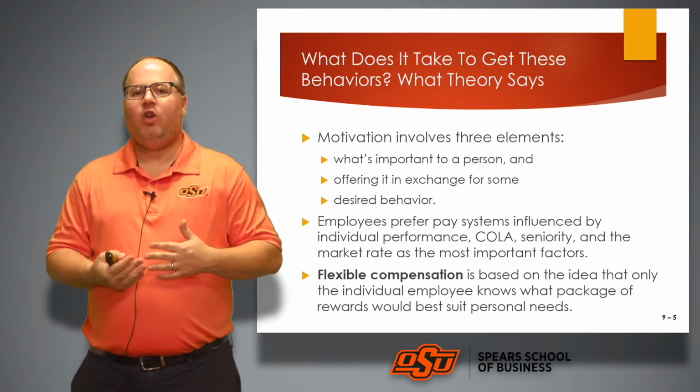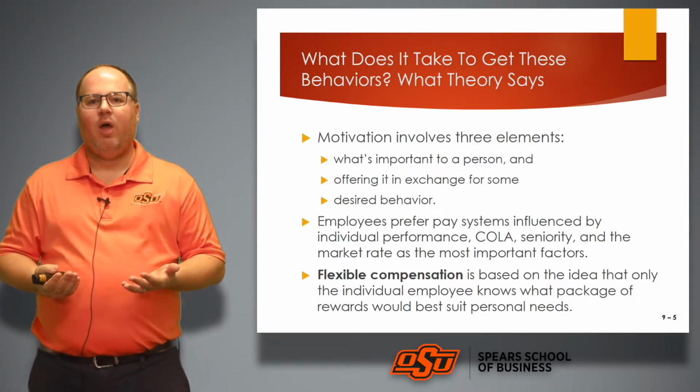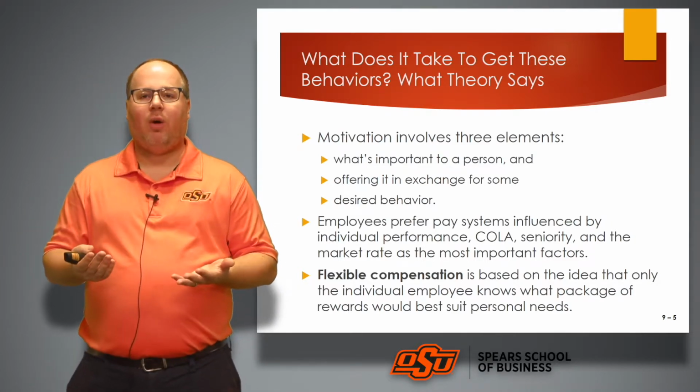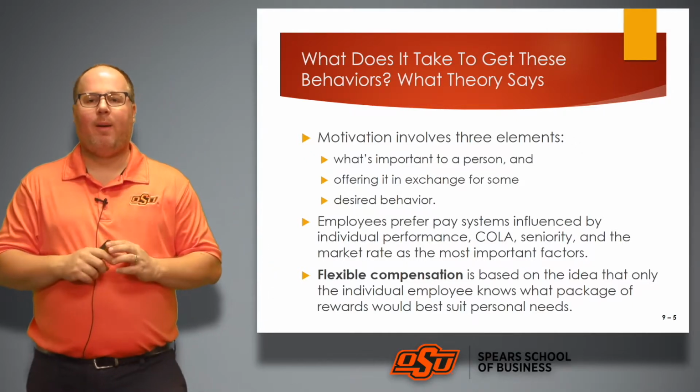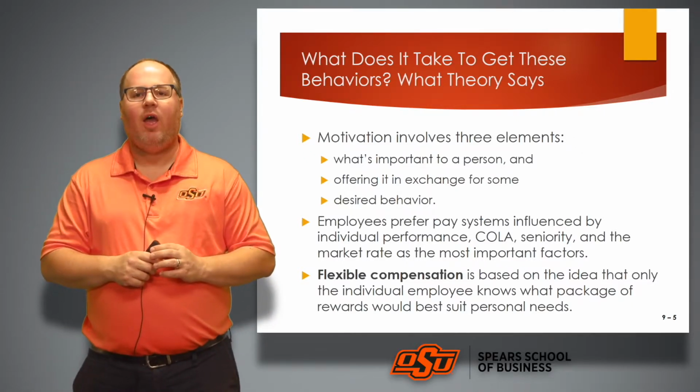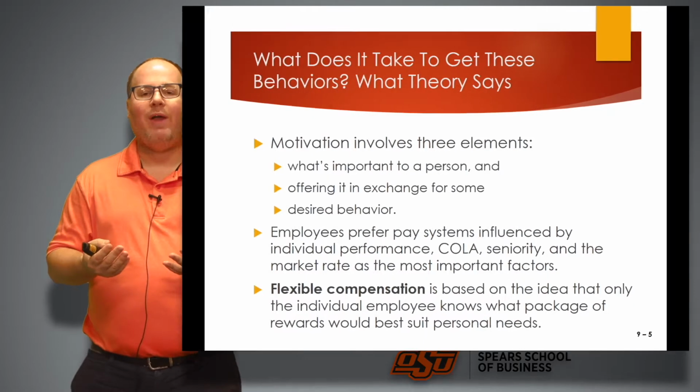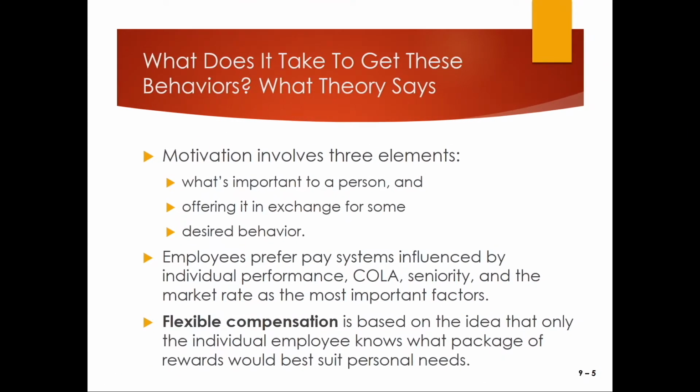For example, here at OSU, one of the great benefits we have for our employees is tuition waivers for your dependents. Well, if you don't have any kids, you can't take advantage of that benefit, even though it's a great benefit, so you're not motivated by it. So what else can OSU do for you as an employee if you don't have kids? This idea of flexible compensation is a big part of what we're trying to accomplish.